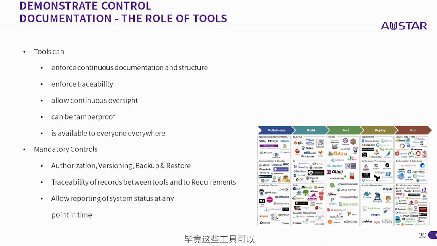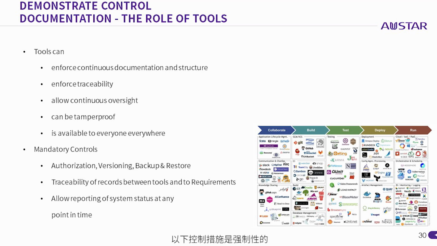After all, such tools can enforce continuous documentation and structure, enforce traceability, allow continuous oversight, prevent tampering, and are available to everyone, everywhere. Such tools can replace the current practice to record everything in documents, but only if appropriate controls are in place.